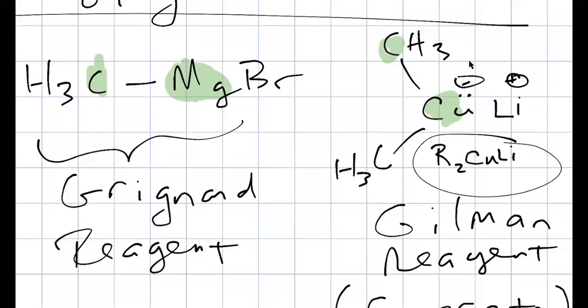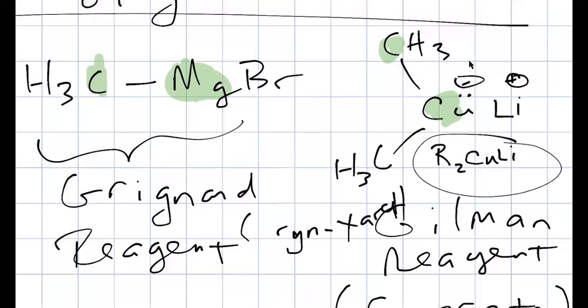Okay. So think about it like, let me give you the phonetic spelling, the social media spelling. So Gran, and then yard. So that's how you pronounce it, Grignard. I put a G-R-Y-N, even though my G looks like a 6.